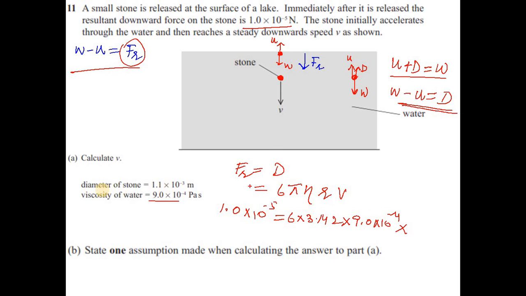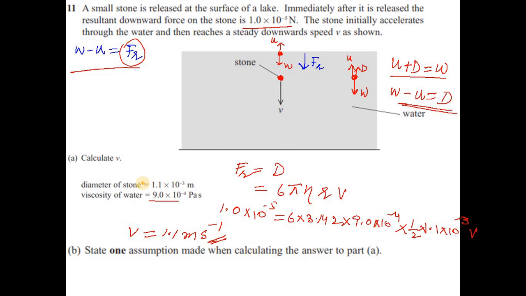R is the radius, and radius is half of the diameter, so half of the diameter, 1.1 times 10 raised to the power minus 3, times V. Now you can make V the subject. If you do that calculation, V would be equal to 1.1 meter second minus 1. This is the terminal velocity.